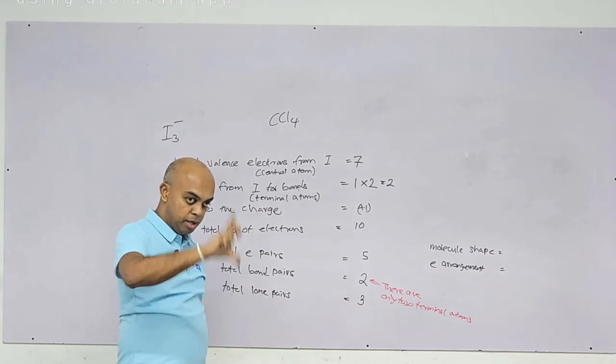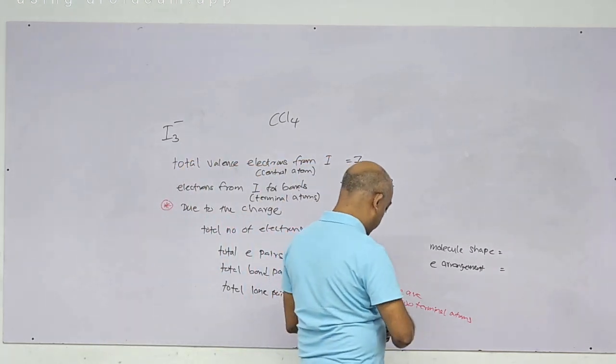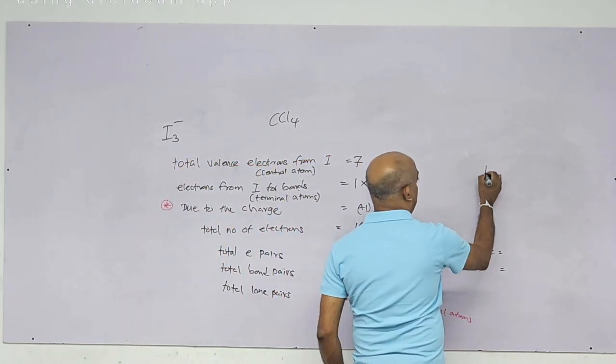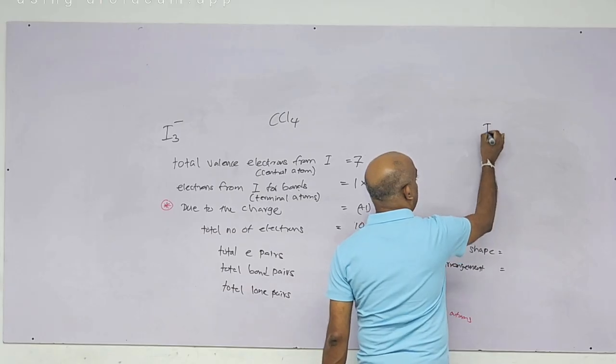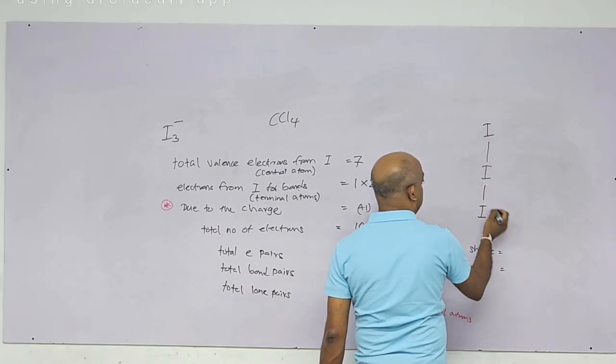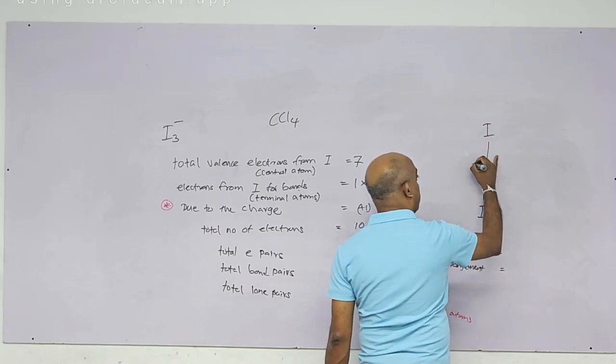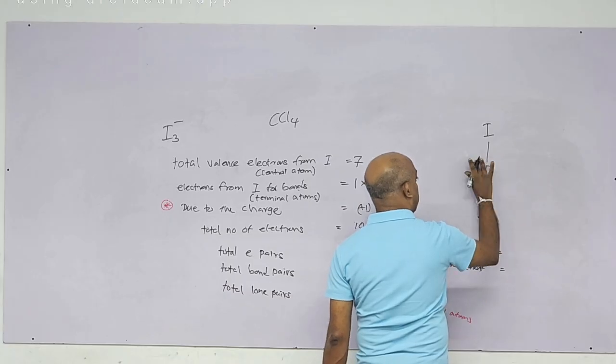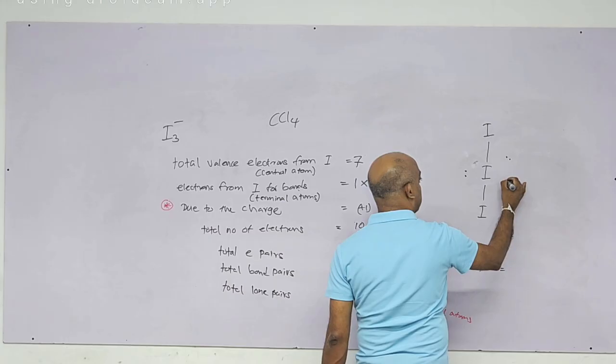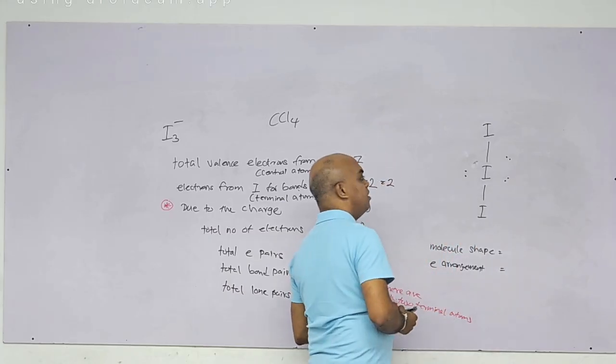Trigonal bipyramidal, right? So how do we draw it? This is the central atom and we have I and we have I. We have a lone pair here. Three lone pairs, creating the trigonal planar shape like this. Right?